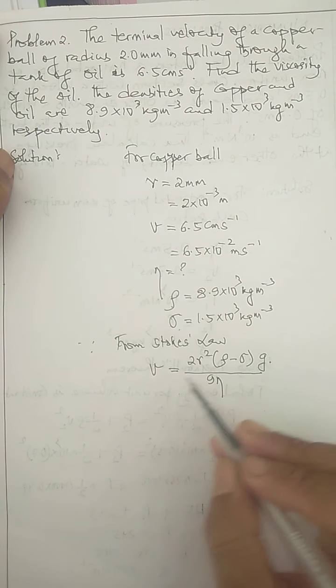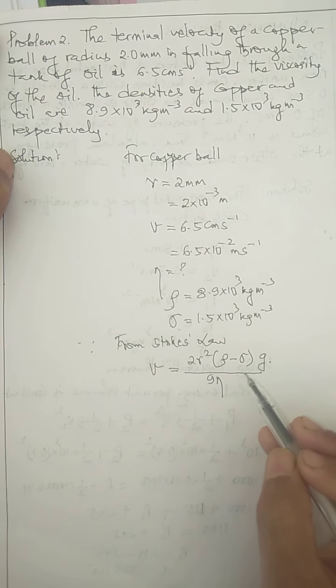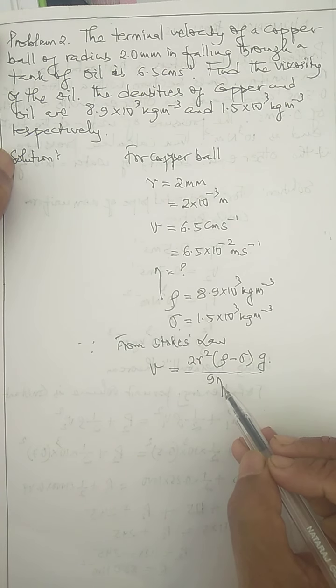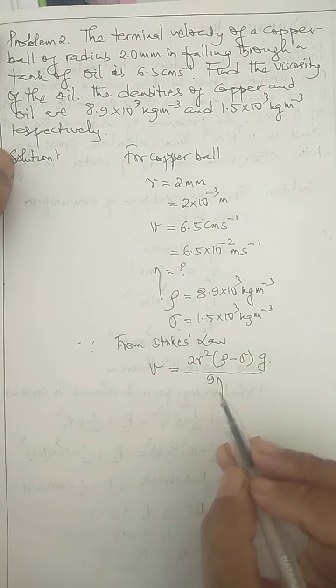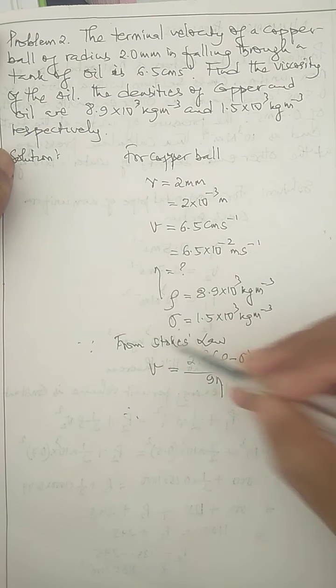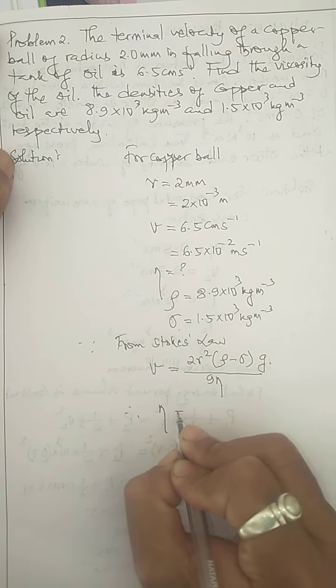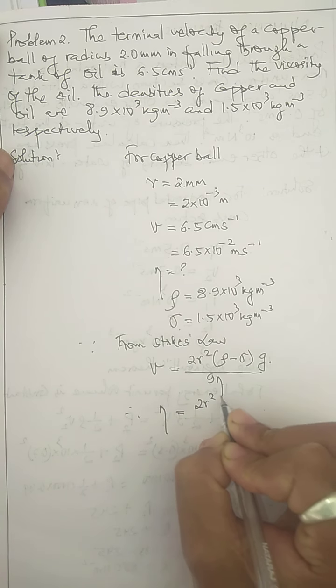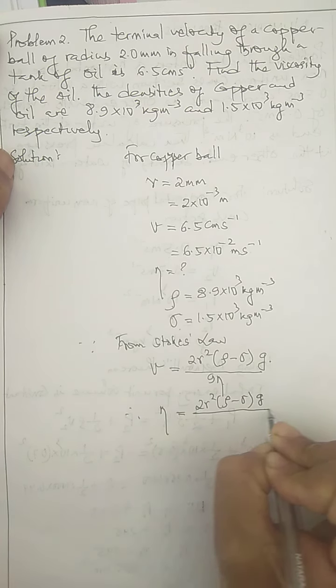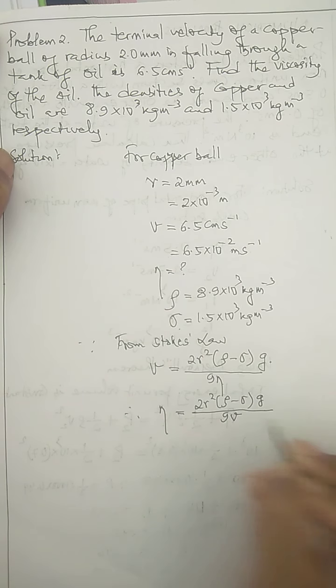So what we need to find? We need to find eta, that means the coefficient of viscosity. So I'll make eta the subject. So I just interchange eta and v. So can I write this way? So eta equals 2r square (rho minus sigma) g by 9v.